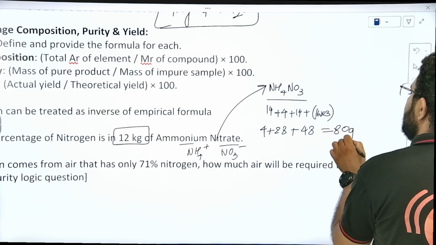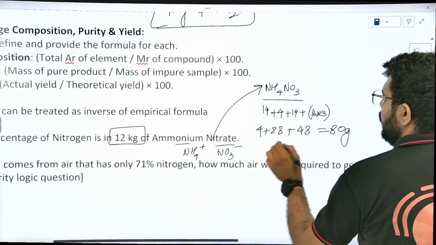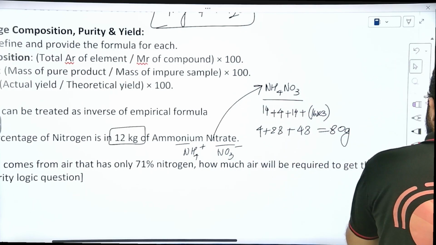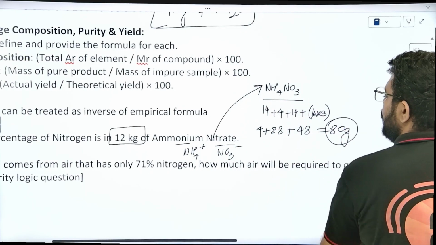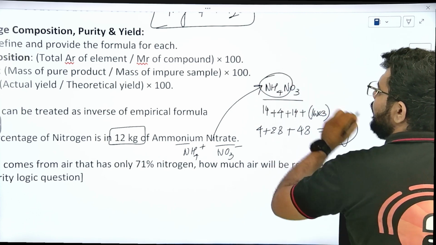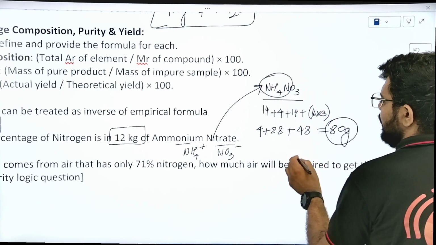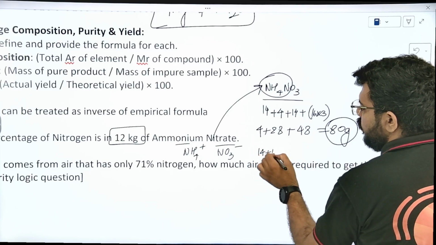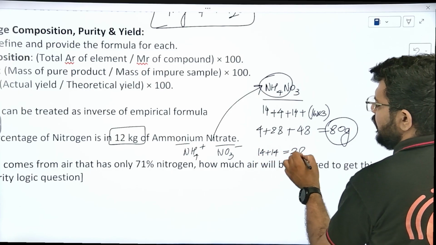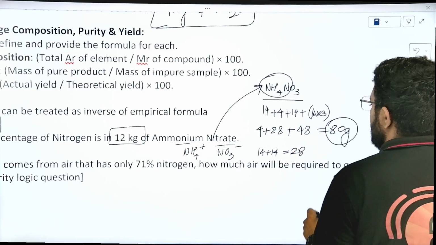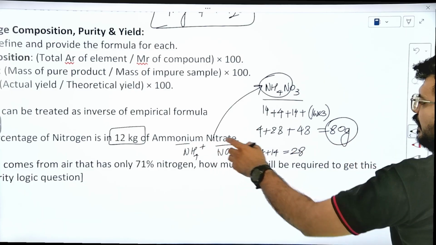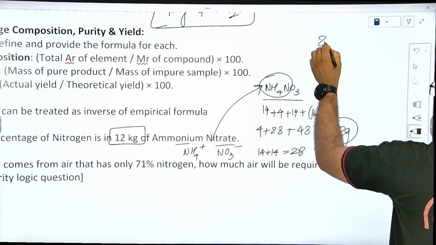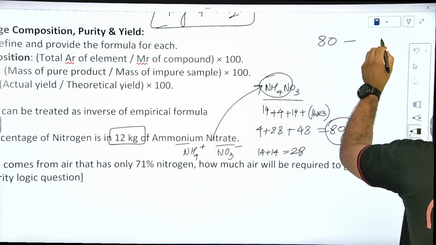So 80 grams of NH4NO3 is there. In this 80 gram, what is the mass of nitrogen? The mass of nitrogen is 28.